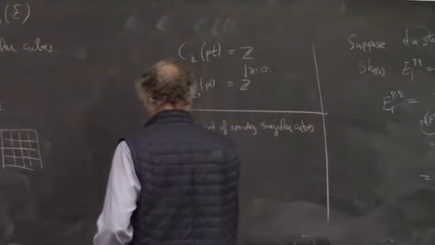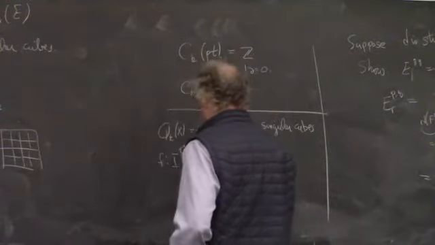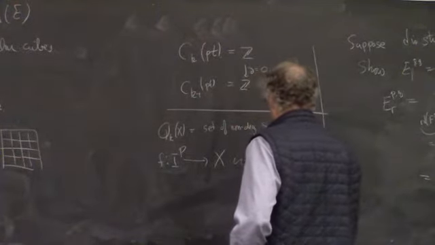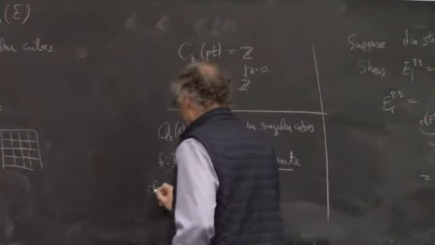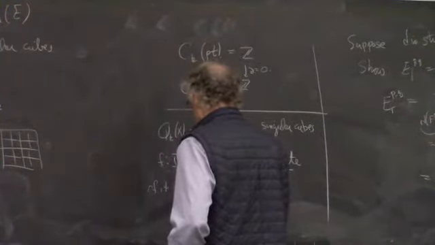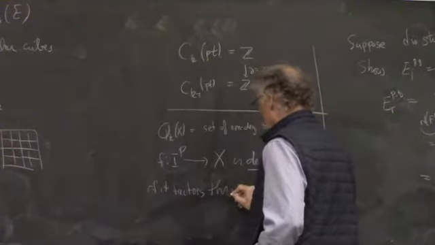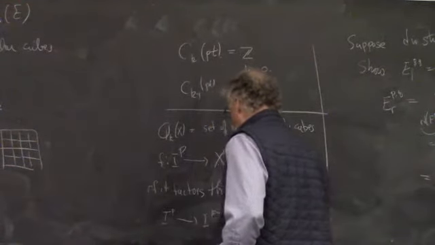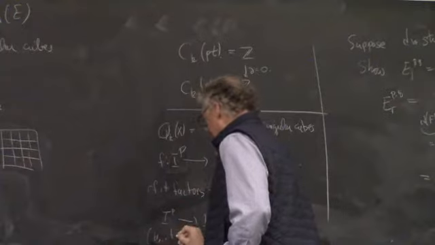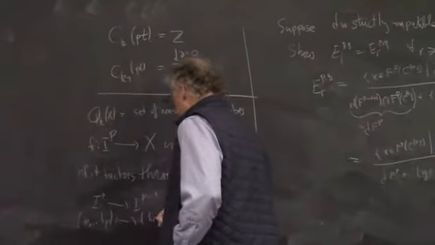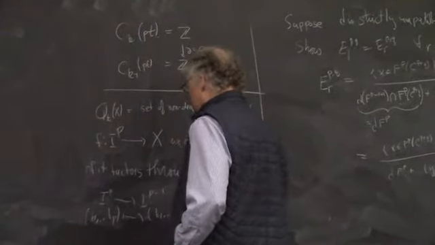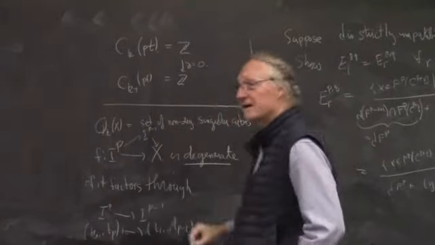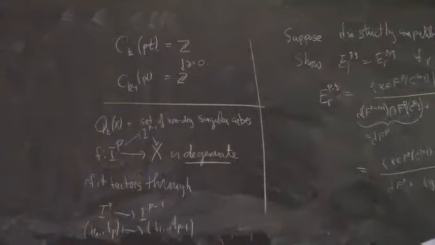So a map of a cube of some degree p into X is degenerate if it factors through the projection from I^p to I^(p-1), forgetting the last coordinate. So if this map factors through the projection onto all but the last coordinate, it's said to be degenerate, otherwise it's non-degenerate.